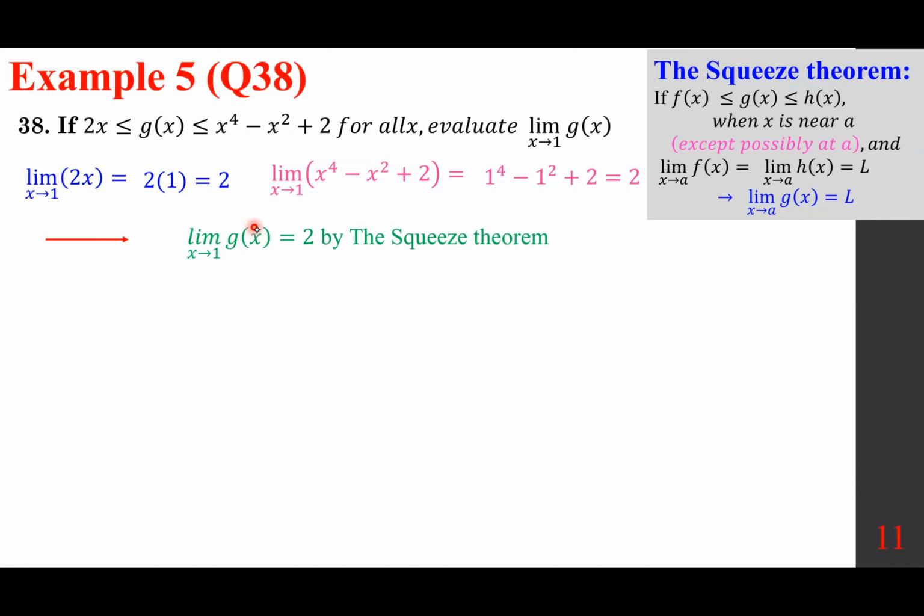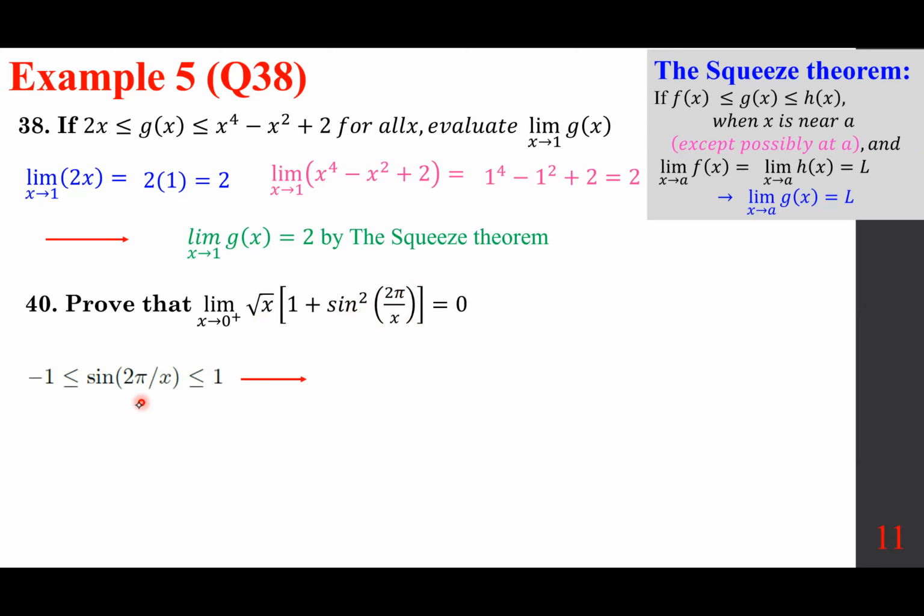We want to prove that this is equal to 0. When you want to do that, you start with the expressions and you want to make up the whole thing. So you're starting with this and you say, I know sine, regardless of what the argument of sine is, it's between -1 and 1. So sine is always between -1 and 1.